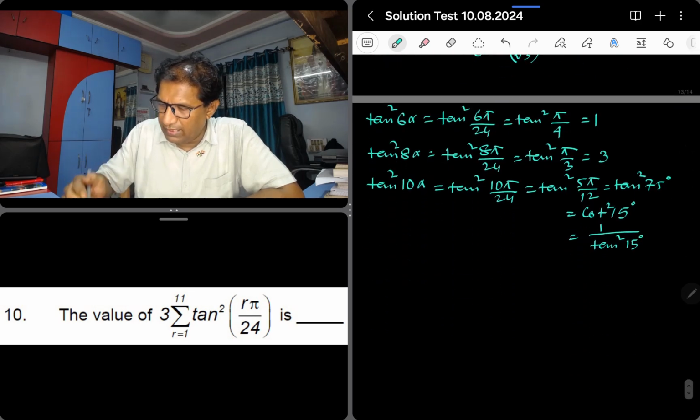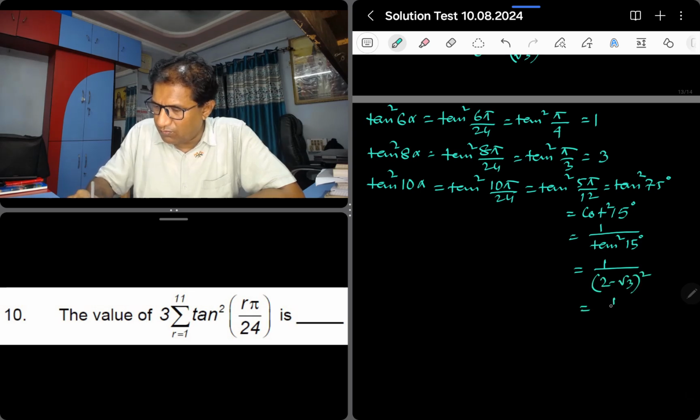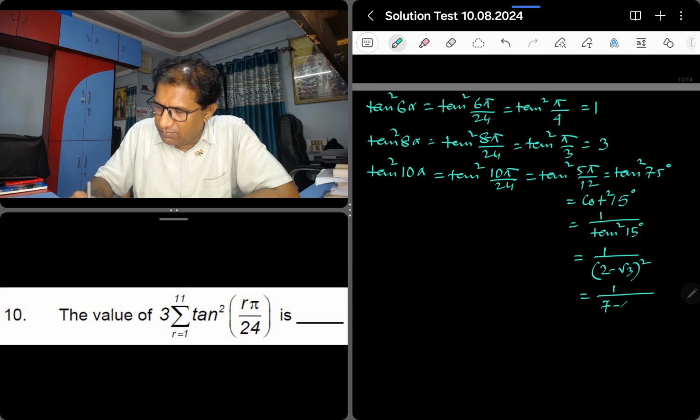And we all know that tan 15 degrees is 2 minus root 3, whole square, that gives us 1 over 7 minus 4 root 3. So 7 plus 4 root 3, I'm simply rationalizing it. So 49 minus 48. So that gives us only 7 plus 4 root 3.